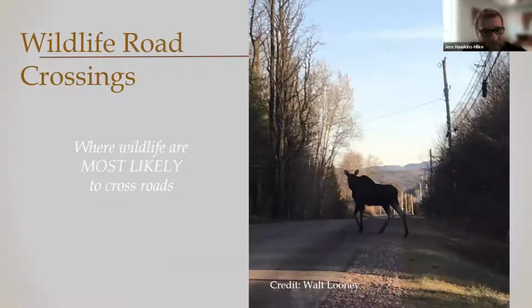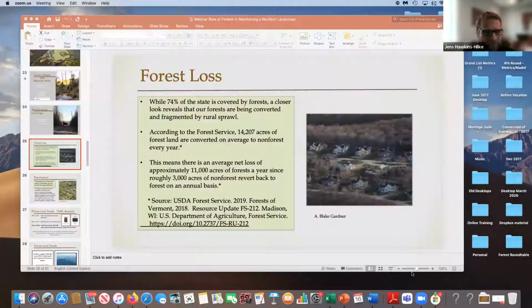But we can think about these wildlife road crossings and how, again, they're micro connectors between forests. But that's what I've got for my segment, is that idea of forest resilience and this thinking about forests as intact, connected, and diverse. With that, Jamey, I'm going to hand it over to you to take on the next stage. Thank you so much.